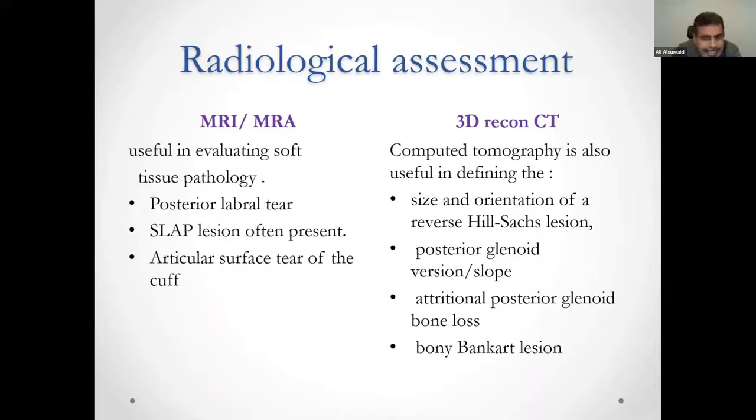A CT scan for posterior pain and instability is not something I commonly use, except for failed cases, such as a case that has failed somewhere else, or some of my own cases that failed, or where I am worried about multiple dislocations, or in a patient who had seizures.